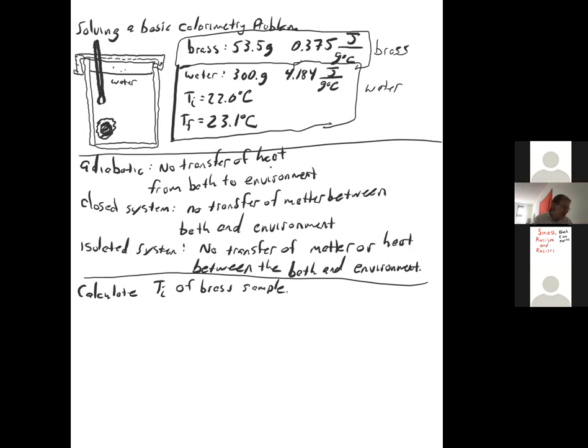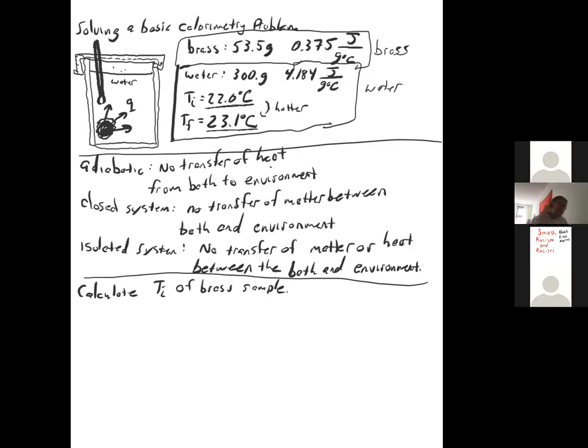Essentially, what is occurring here is, if you take a look, the water started off at 22 degrees Celsius and it ended at 23.1 degrees Celsius, right? So it got hotter. So that means that heat was transferred from the brass. The brass is transferring heat to the water.